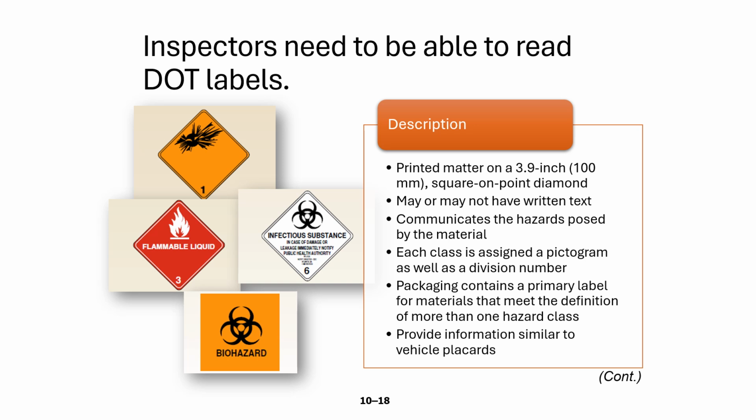So when you look at unique DOT labels, go to pages 409 and 410 of your manual. Make yourself familiar with some of those unique labels, and just understand what they are and how they're utilized.